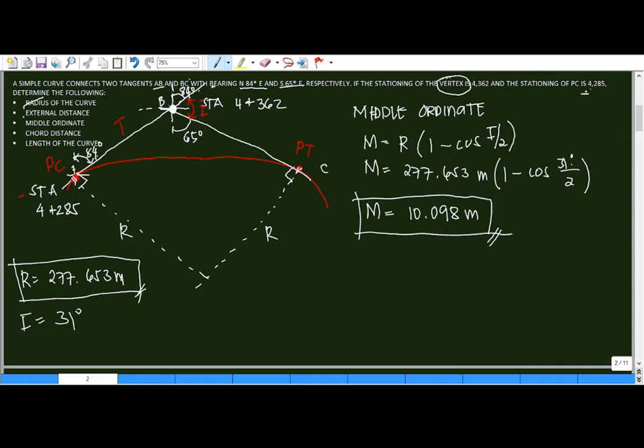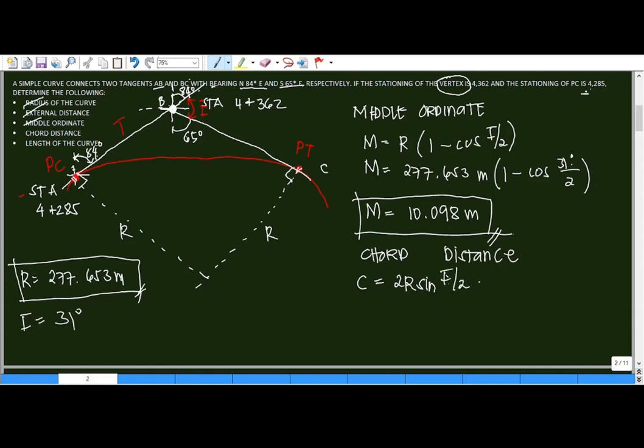So, nasolve ko na kanina sa external, nasolve ko na rin si middle ordinate. How about the chord distance? So, for the chord distance, na-derive na rin natin yung working equation for the chord distance. That is C is equal to 2R of sine of I over 2.